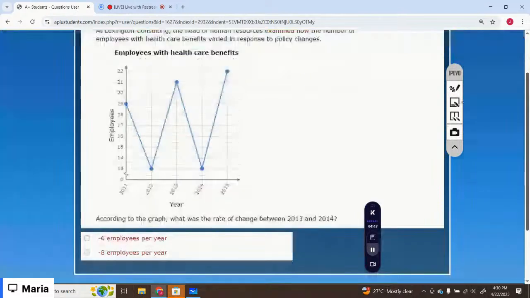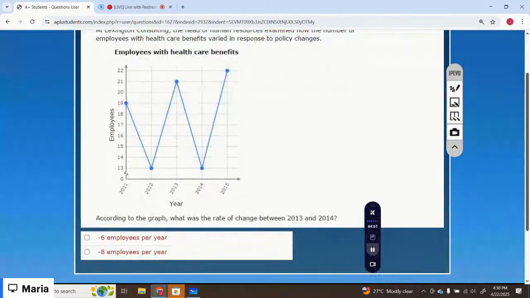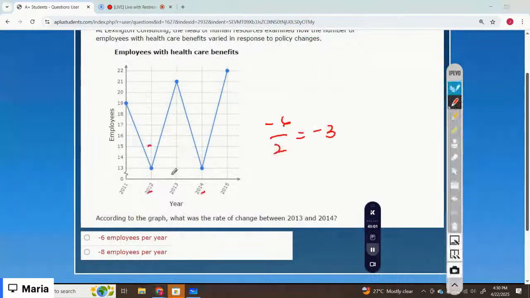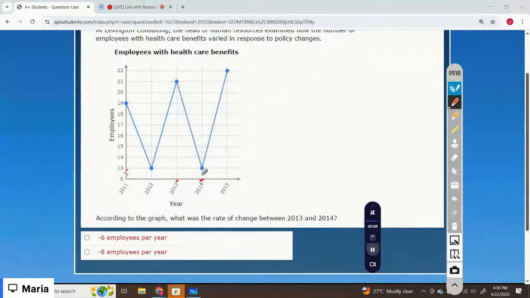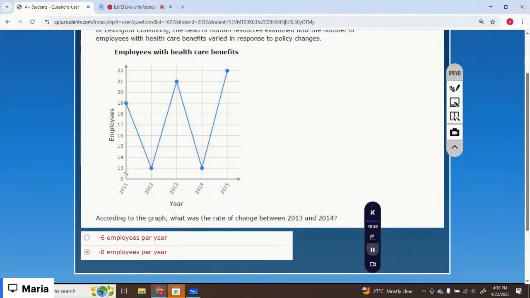According to the graph, what was the rate of change in 2013 and 2014? 2013, that is 21 employees, and 2014, 13 employees. That is -8 employees per year. Option number two is the correct option.